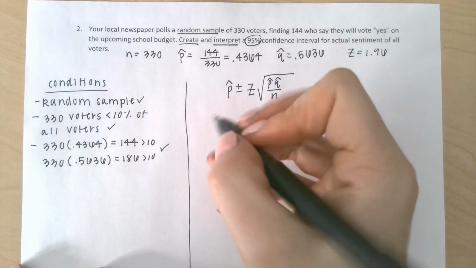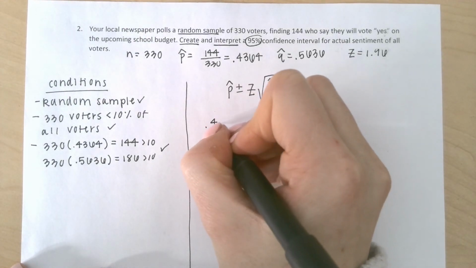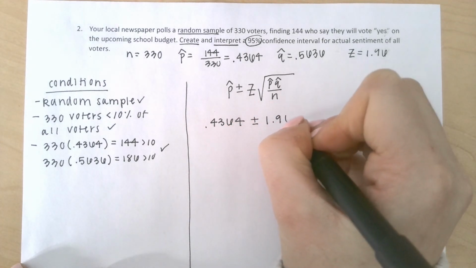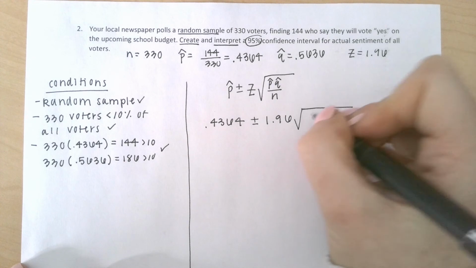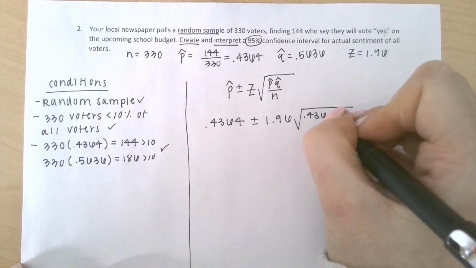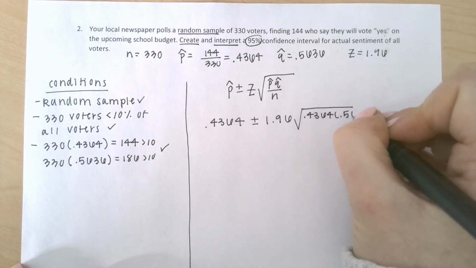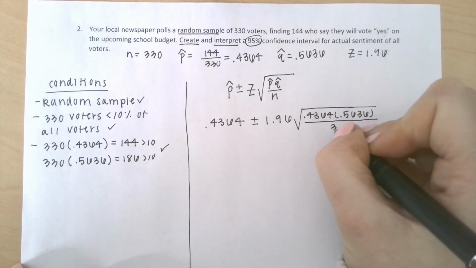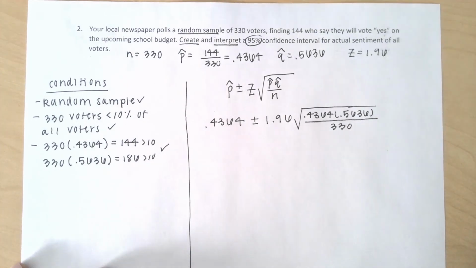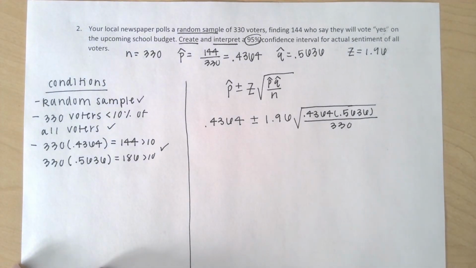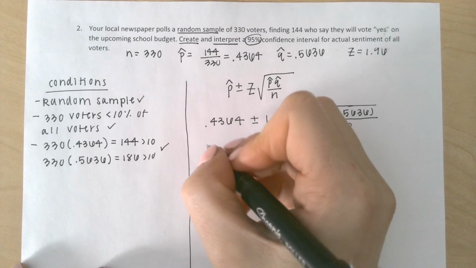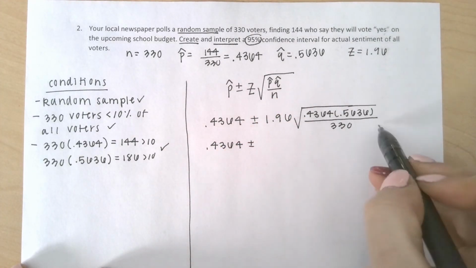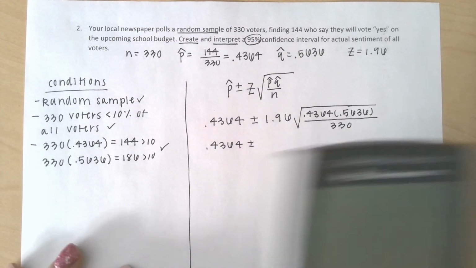Okay, I like to start with plugging everything in, so I'm going to have my 0.4364 plus or minus 1.96 times the square root of 0.4364 times 0.5636 all divided by 330. Now you can just type this all into your calculator at once. I personally like to see what the margin of error is, so I like to look at just this piece here to see how far off we are.